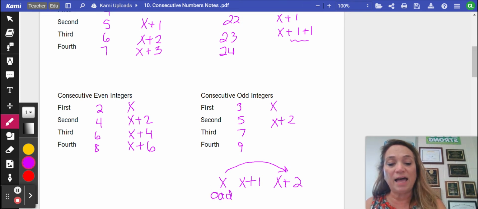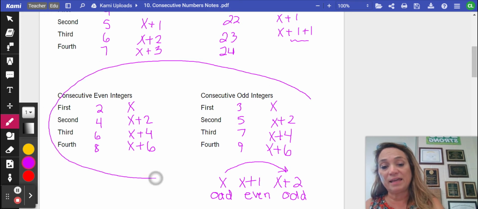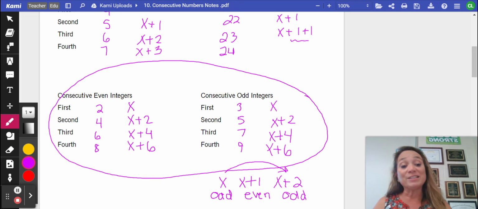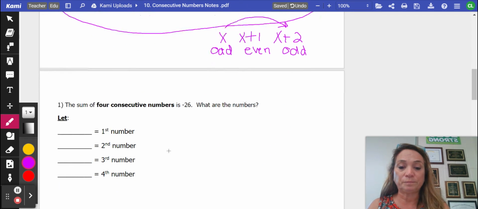So if this is odd, the next one's even, then the next one's odd. So then you would add 4 and you would add 6. So when you're writing your let statements, consecutive even and consecutive odd, you're actually writing the same thing. And this has to do with the number line.